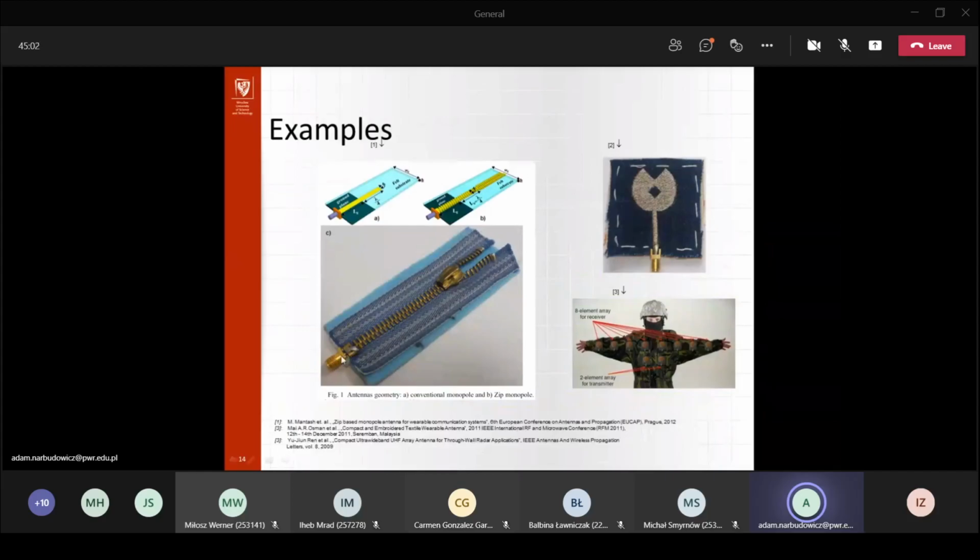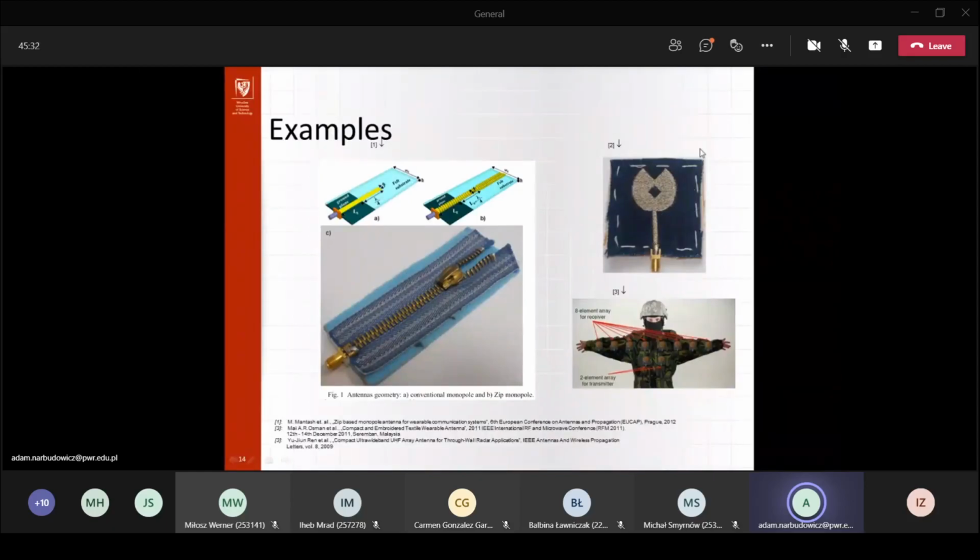So we can see here we get a connector, and one proposed antenna design is to use a zipper, which is basically a metallic structure that can be used as an antenna. So that's one option of antenna design suitable for body area applications.